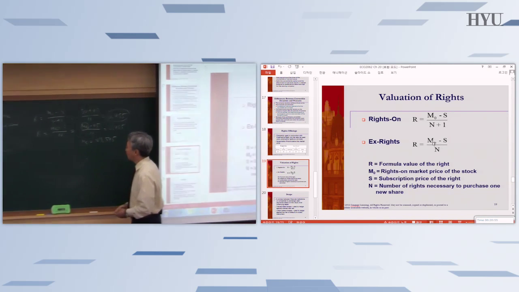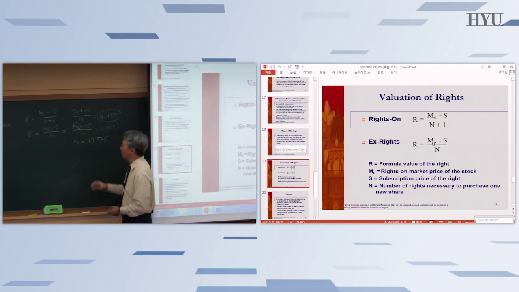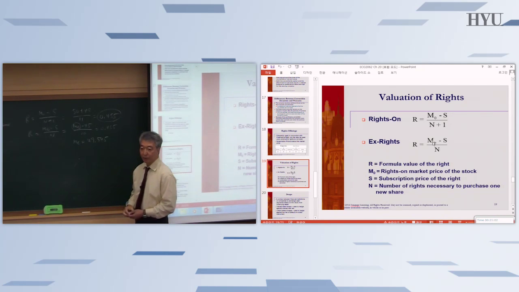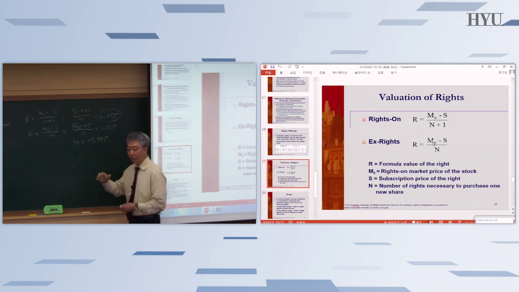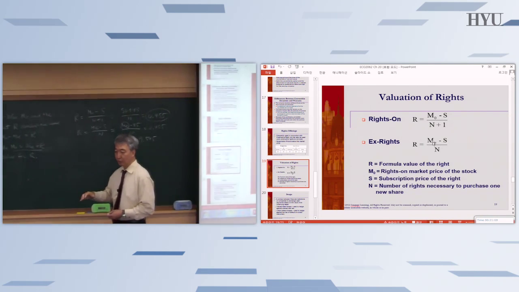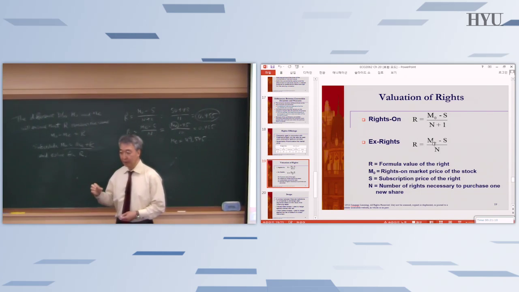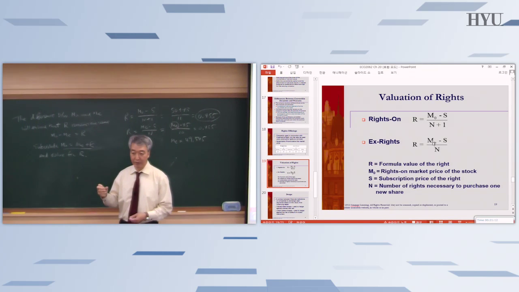If you actually use the numbers, then you understand this is kind of an obvious concept. The difference between rights-on price and ex-rights price will be exactly the amount of drop in the stock price when the rights disappear.